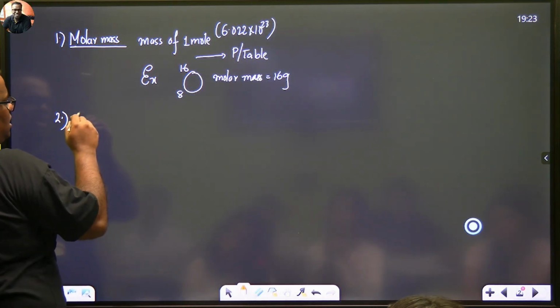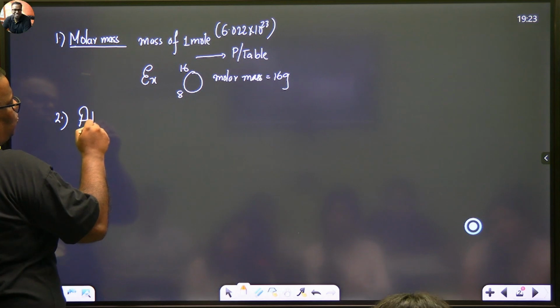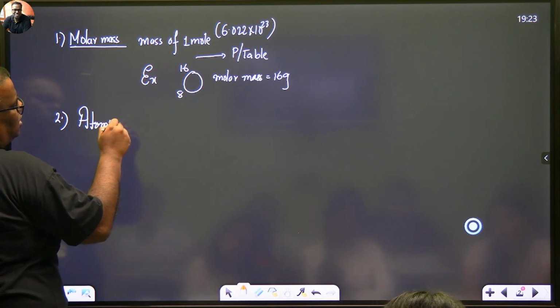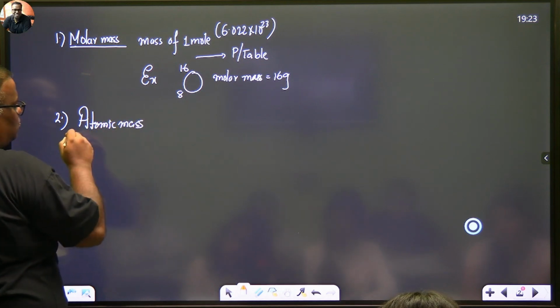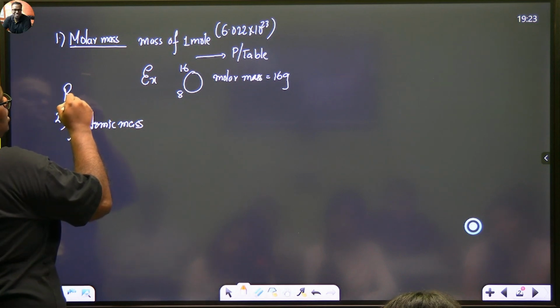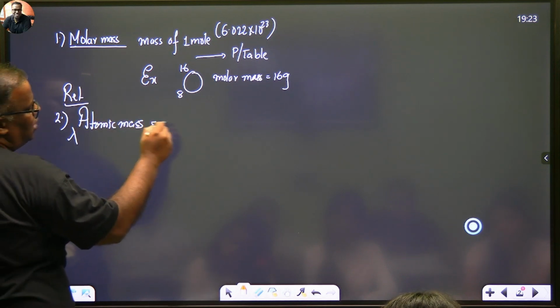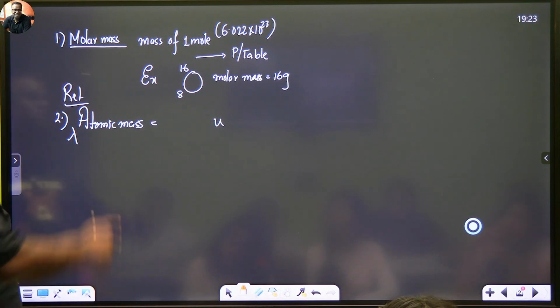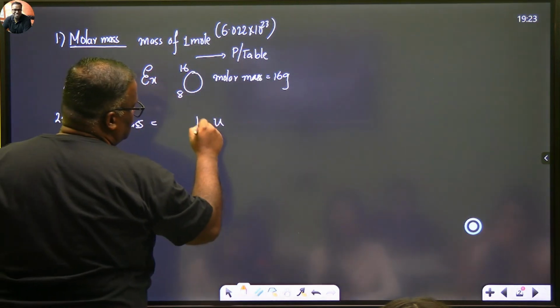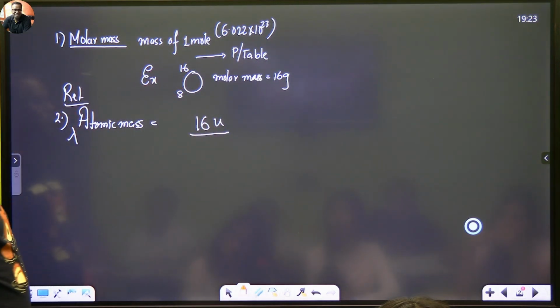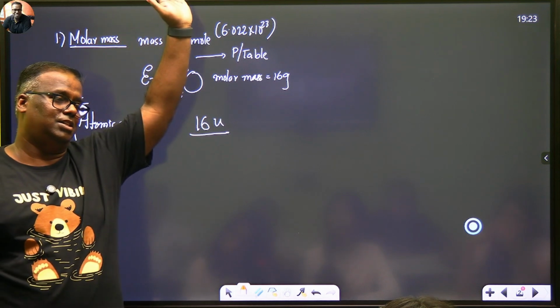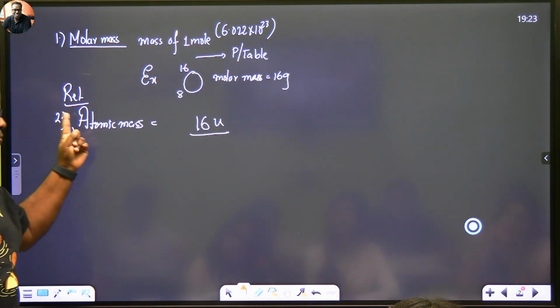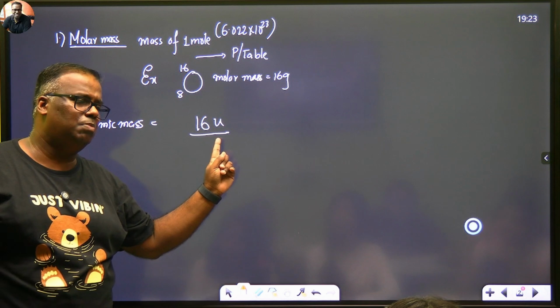Now you can ask, sir, what is the difference exactly between this and atomic mass? Well, when we talk about atomic mass, the perfect word is relative atomic mass. In that we give a unit, which is relative atomic mass unit, U. So what is the relative atomic mass of oxygen? 16U. This is 1 atom, 16 atomic mass unit.